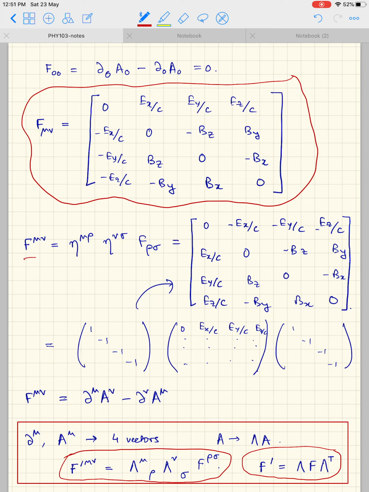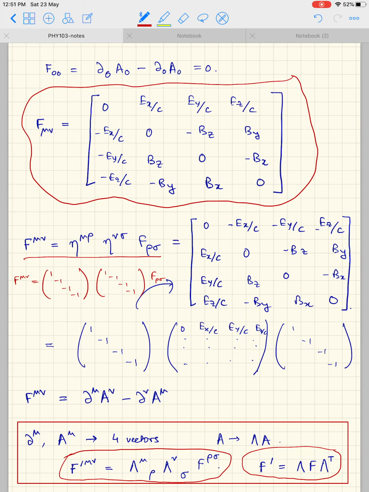when I wrote F mu nu down with these two etas, written in the form that it is here, it would just seem that F mu nu is like this eta, which is 1, minus 1, minus 1, minus 1, into this F, which is with indices downstairs.